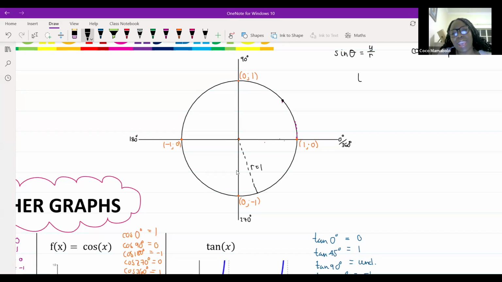What about tan? Tan of theta is equal to opposite over adjacent, or what over what? According to my y and my x and my r, what would tan be? Tan is equal to something over something. What are those two things?